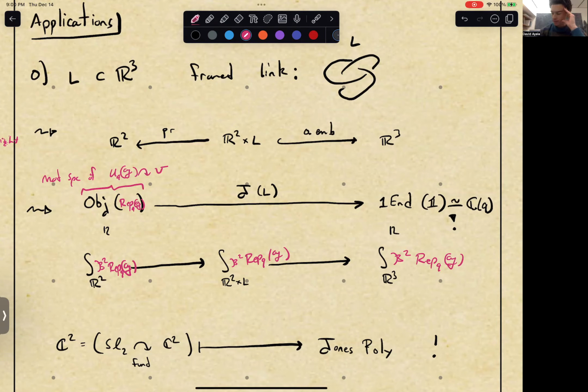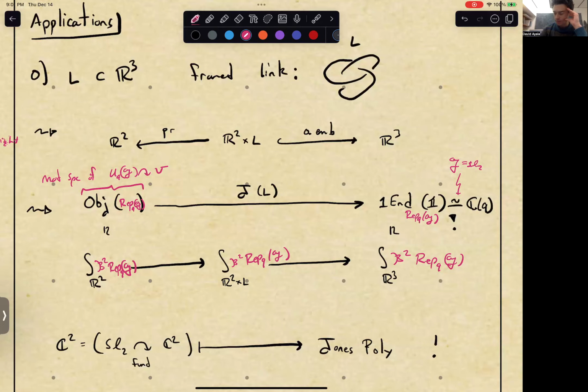And similarly, the value on R3 are the one endomorphisms of the unit in rep QG, which in the case when G is little SL2, and more generally even, the endomorphisms of the unit is rational functions.